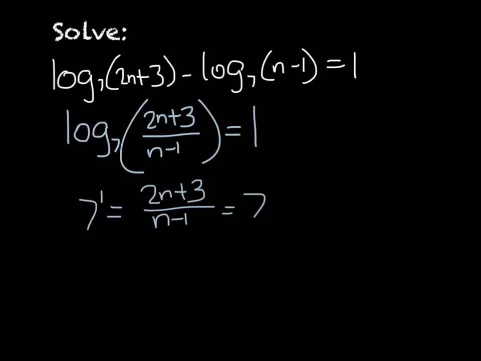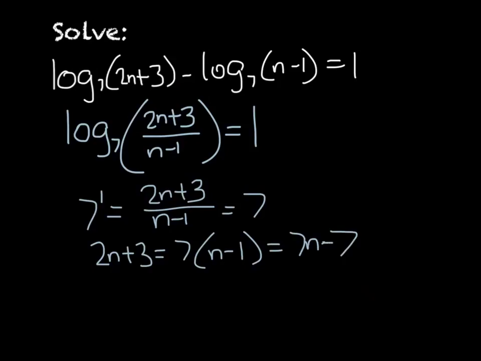Okay, and so now we can just use regular algebra. 2n plus 3 equals 7 times n minus 1, or 7n minus 7. And so that gives us 10 equals 5n, or n equals 2.